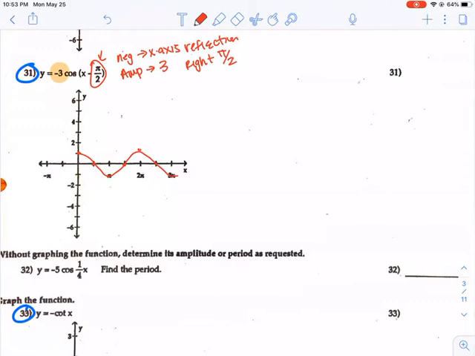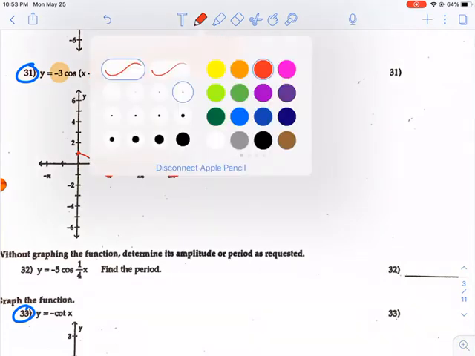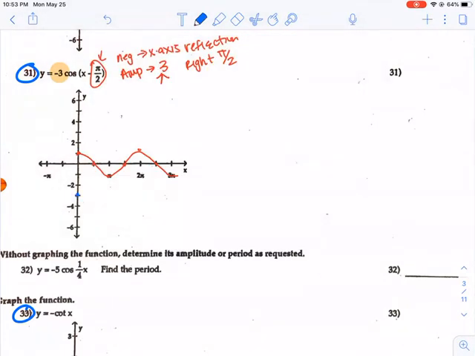So what's going to change? Instead of starting up at 1, we would start up at 3 because we have an amplitude of 3, but we also have a reflection. So we're actually going to start at -3. Okay, so we're going to go up. But now, instead of starting on the y-axis, we also have a shift of pi over 2. So we're actually going to start here.